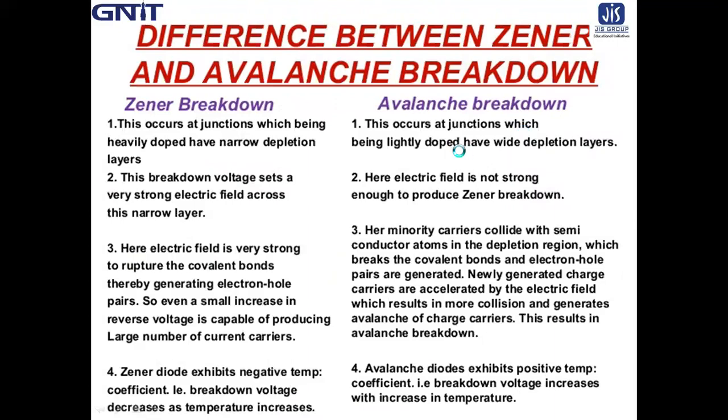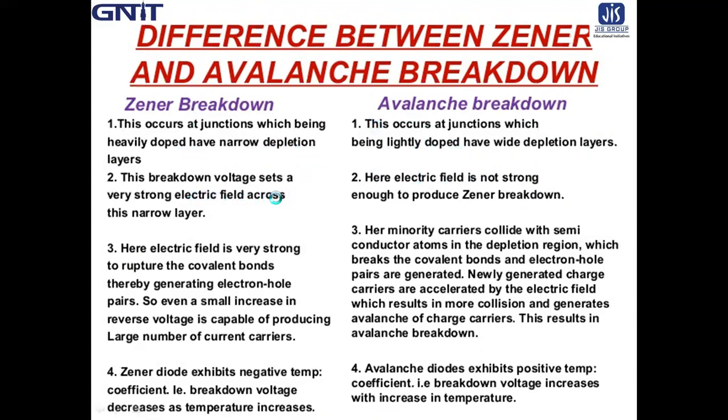Next is the difference. It is a very important question. Difference between zener breakdown and avalanche breakdown. First, zener breakdown occurs in heavily doped reverse bias PN junction, so that the depletion layer is narrow, but the avalanche breakdown occurs at junctions which are lightly doped, so that they have wide depletion layers.